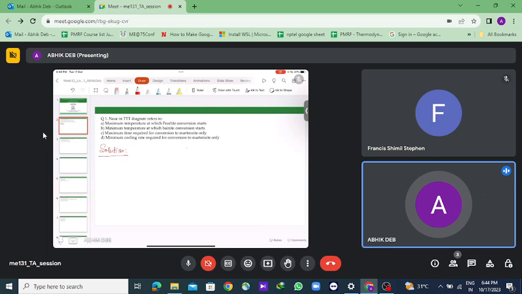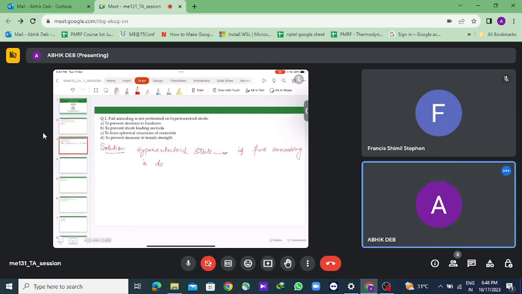Okay, so see, for hypereutectoid steels, if full annealing is done, then very thick layers of Fe3C, that is cementite, are formed.